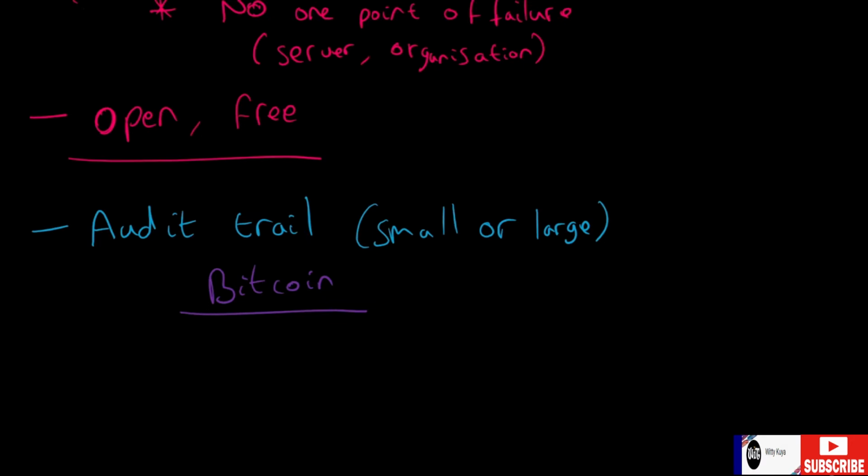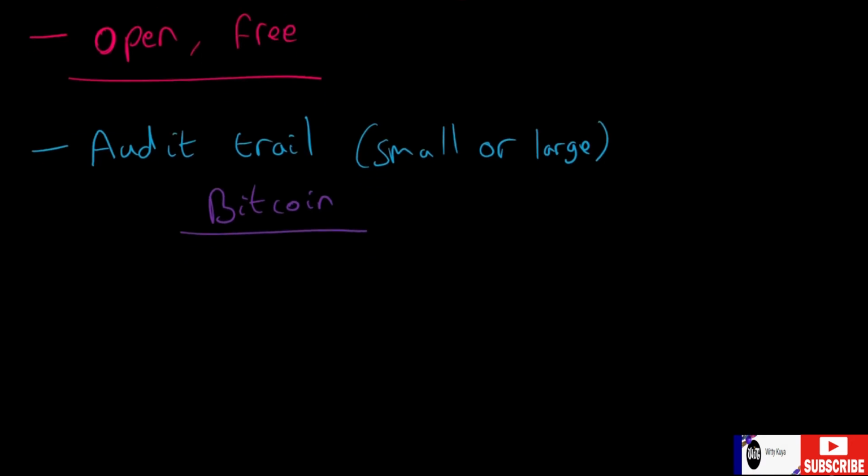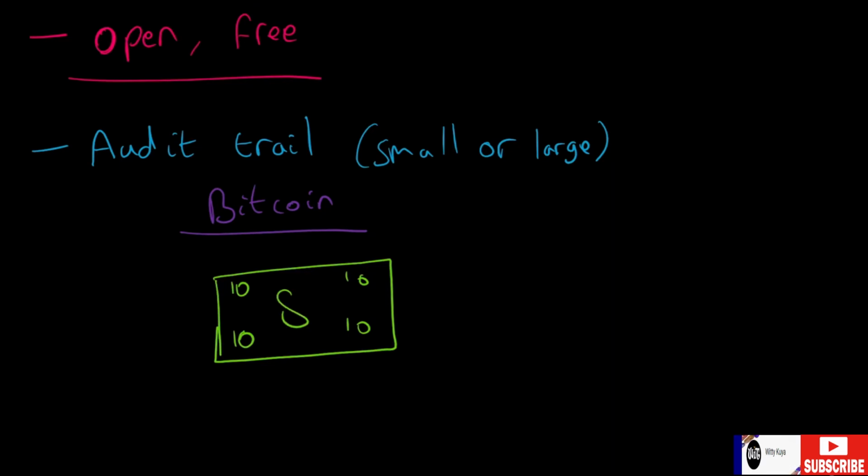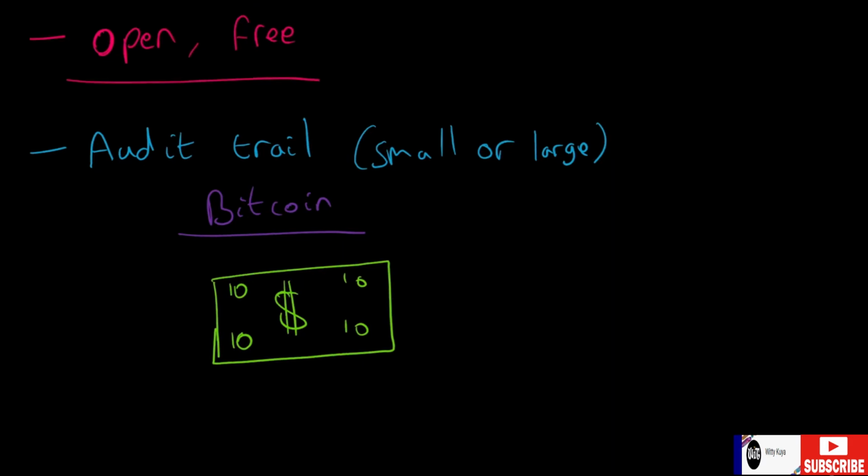And on top of that, with conventional currency, imagine you have this $10 note, and I give it to Bob, Bob gives it to John, John gives it to Steve, and maybe Steve keeps hold of it.